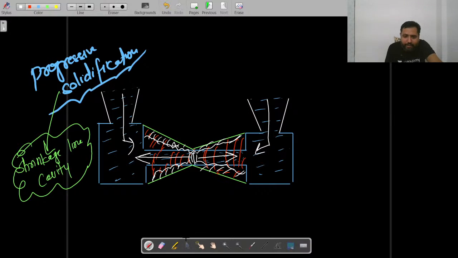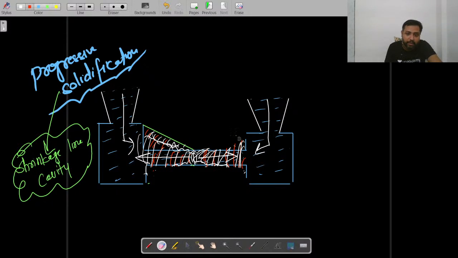Later on, when the solidification has completed after tapering this section, then no problem. Now, my dear student, you can machine this much of extra metal out, right? So, making the cavity tapered in the way I have shown, from thinner towards thicker, and then machining, now you have your casting, whatever you wanted.